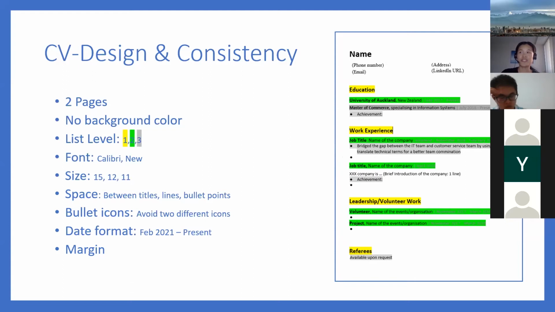It's okay that you extend the margin in order to fit one bullet point within 2 lines. If you find it's exceeding 2 lines just by a few words, I feel like that line is just wasted. So you can extend the margin. That's one of the ways that you can fit one bullet point into 2 lines.